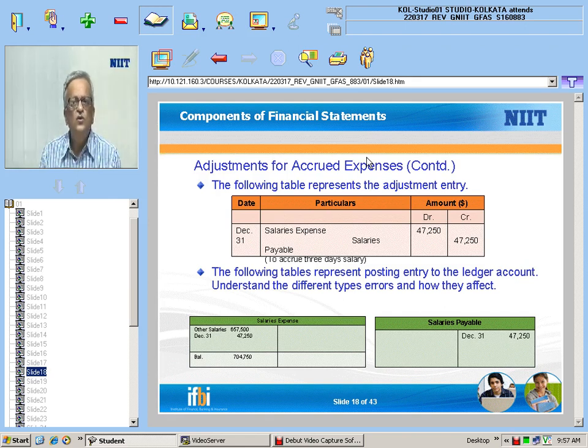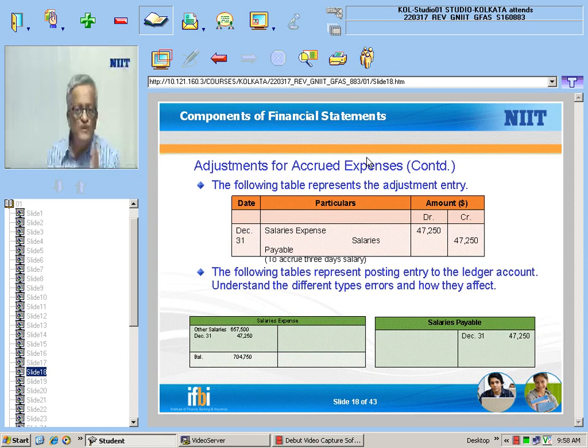So salary payable account, this is the liability account. So what is happening? In the case of accrued expenses, accrued expense means any expenditure that has fallen due. On 31st of December, expenditure for salary has fallen due. For how many days? From the 26th of December payment has been made.